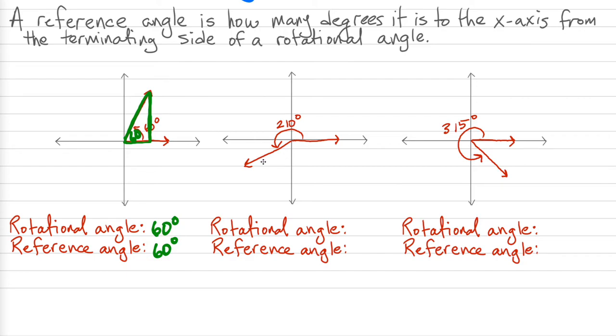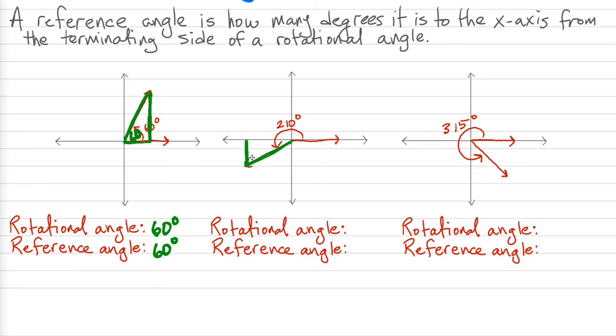The second picture is a little less graceful. Second picture, I am just going to look at the terminating side. And on my terminating side, I'm going to draw a line to the x-axis.